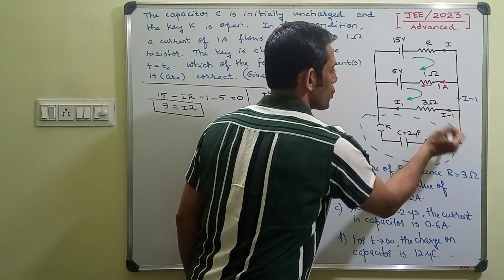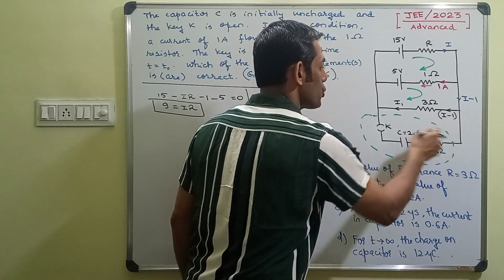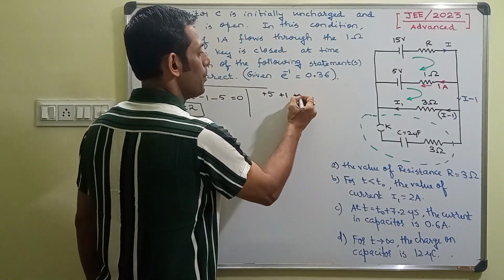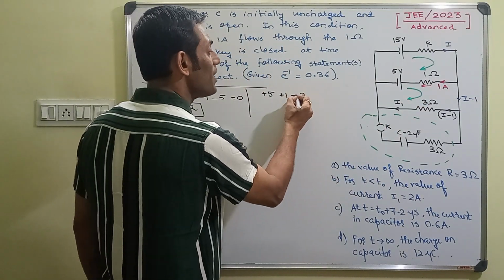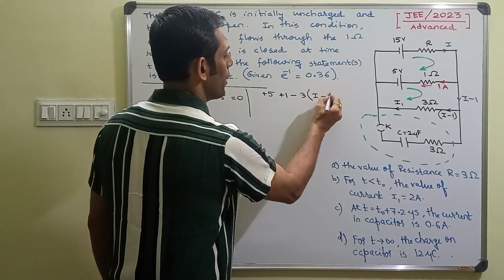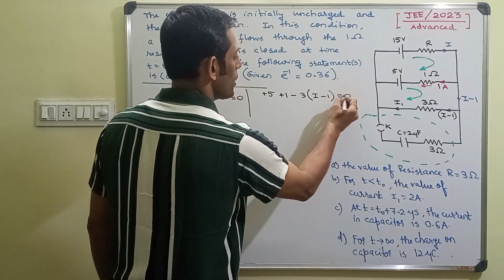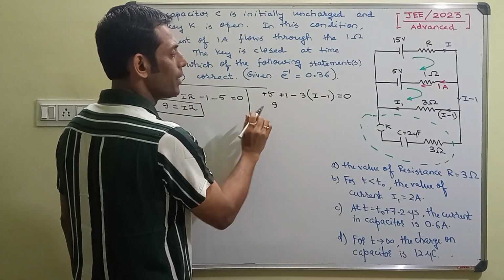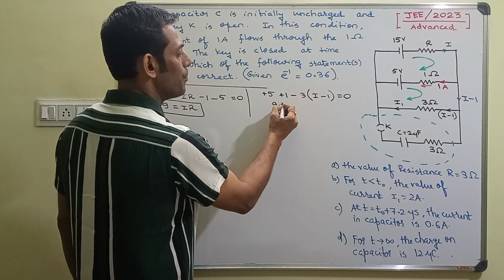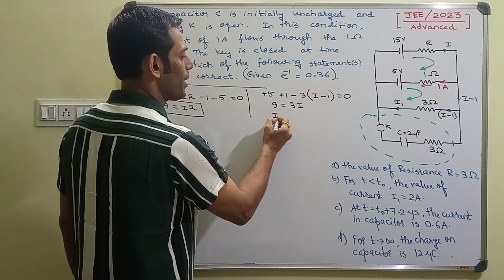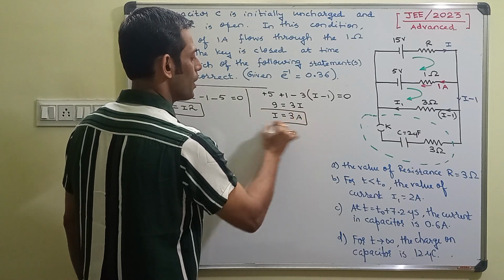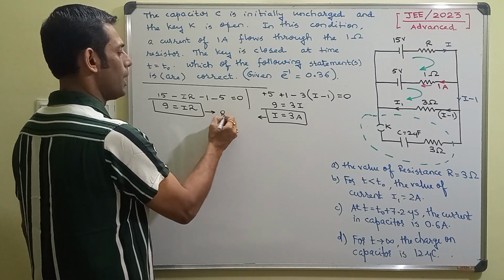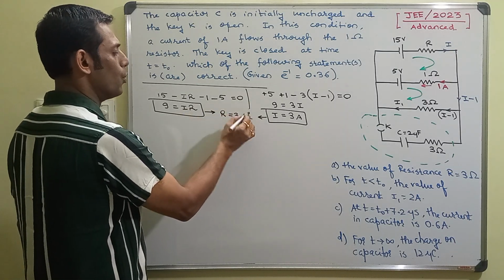This is I minus 1 current, because this part is off the grid, as I told you, and hence I have a drop across this resistance, minus 3 times I minus 1, and then the loop completes, equal to 0. 6 plus 3, 9, minus 3I, so 9 equals 3I. I is equal to 3 amperes. Using these two, R is equal to 3 ohms.